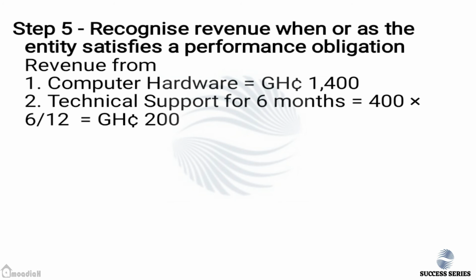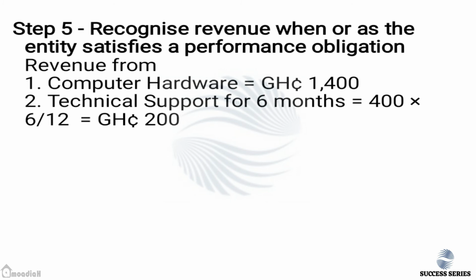Here we know that it is satisfied at a point in time, so we are going to get the whole amount as soon as we sell the computer hardware. So the computer hardware is at a point in time, so we are going to recognize the 1,400 that we calculated in step 4.